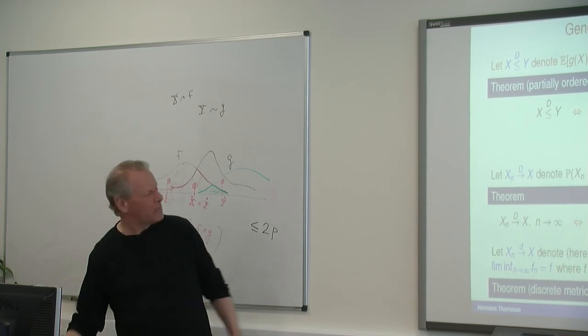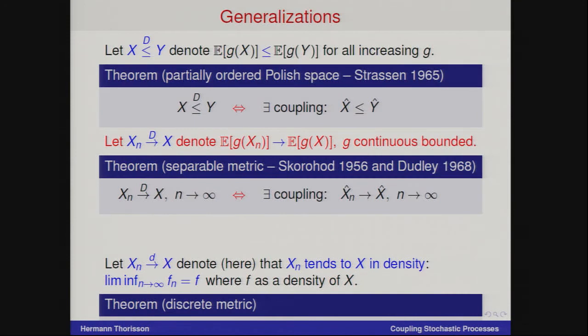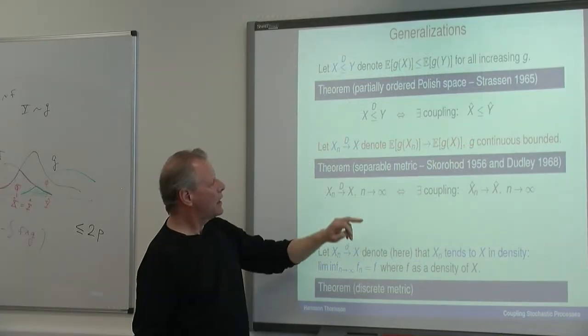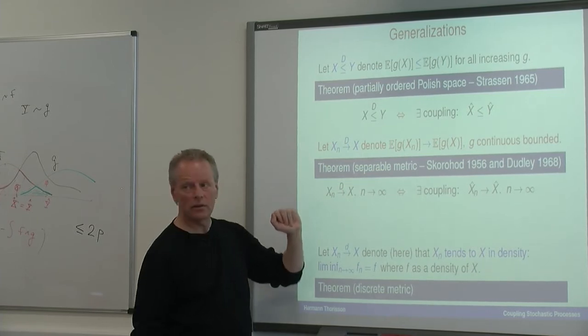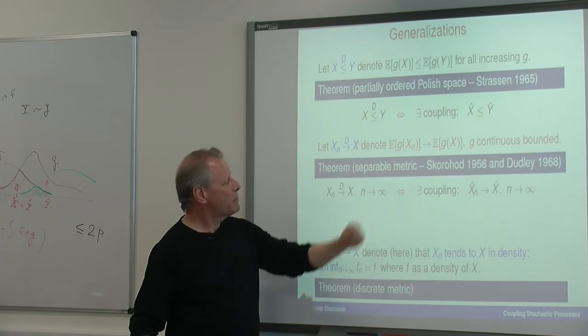Okay, so move down here. Okay, this is the standard definition of weak convergence of probability measures in metric spaces. So this denotes this. And the result from the line goes all the way to separable metric spaces.